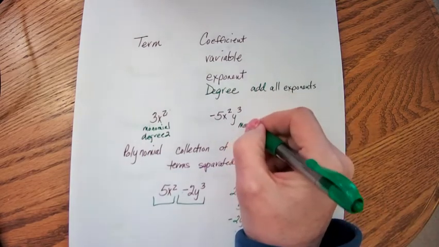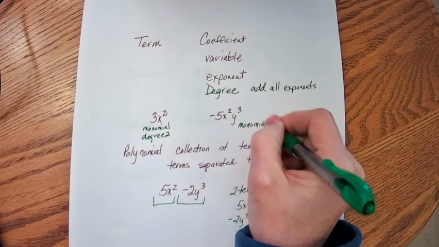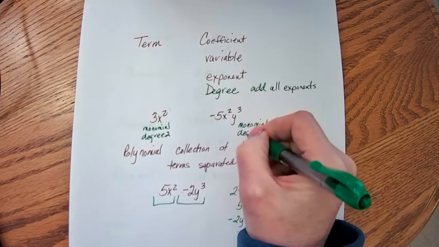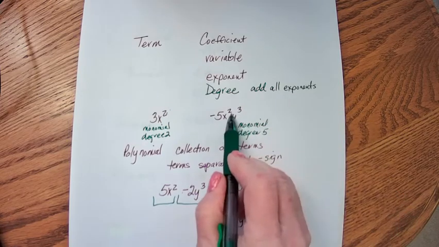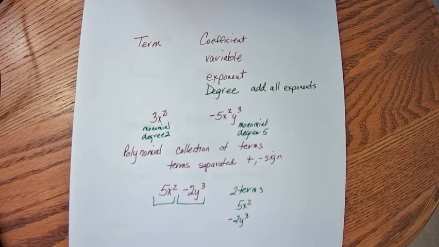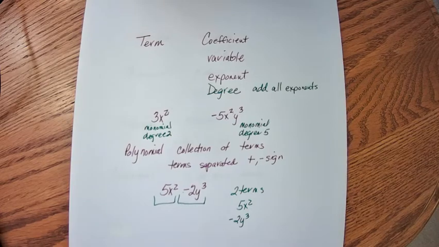This is also a monomial, but it would be degree 5 because 2 plus 3 is 5. This is degree 2. This is degree 3. Every term has a degree.